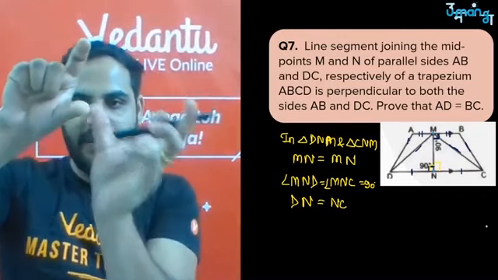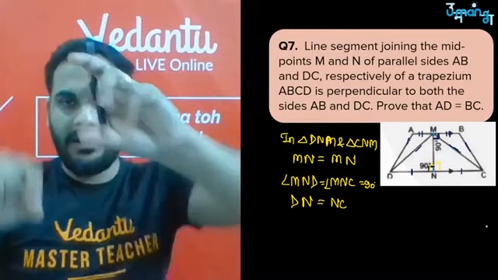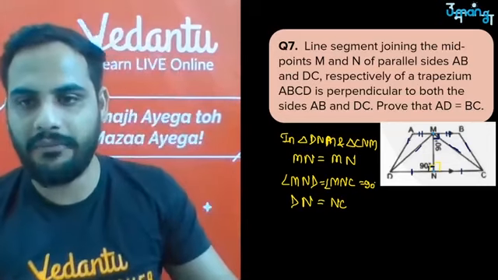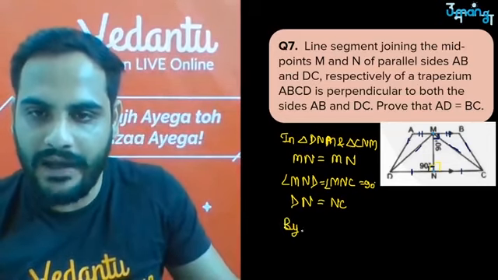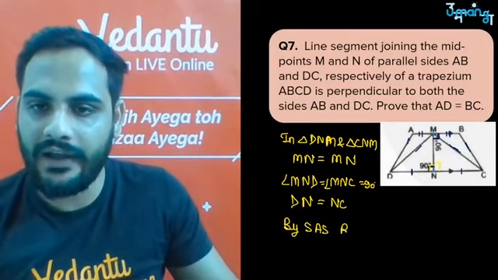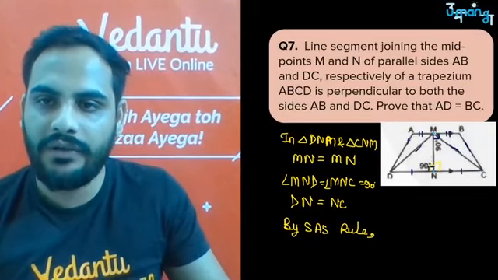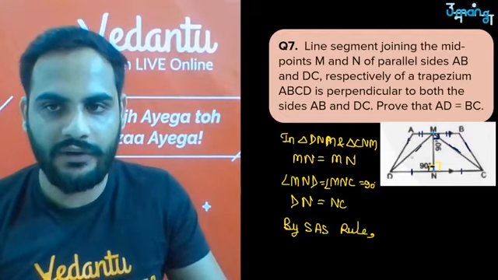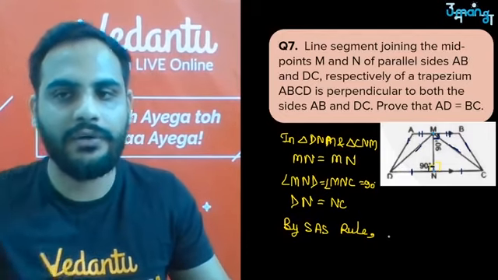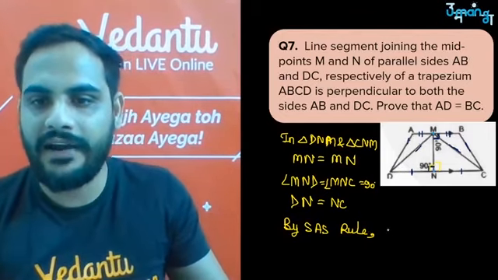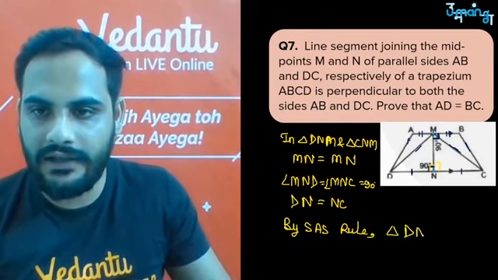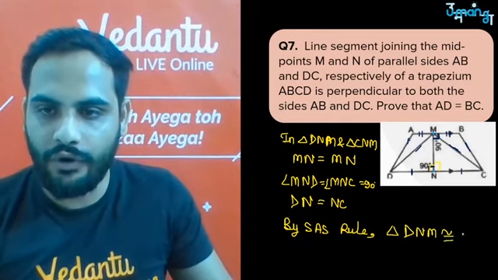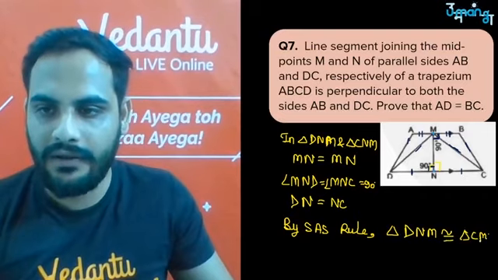MN and DN with the angle between them, and here MN and NC with the angle between them, so they are equal. So by the side angle side rule. Why side angle side? Because I'm not including the hypotenuse, since I don't know whether they are equal or not. So by the SAS rule, triangle DNM is congruent to triangle CNM.